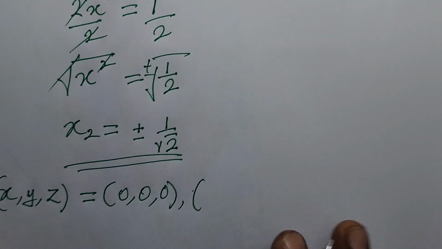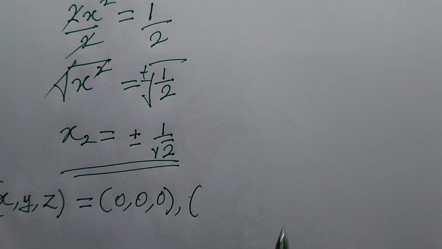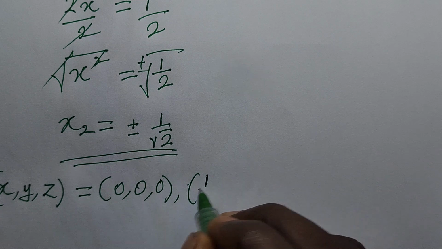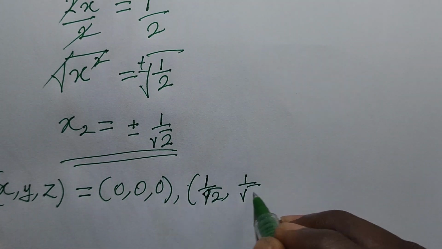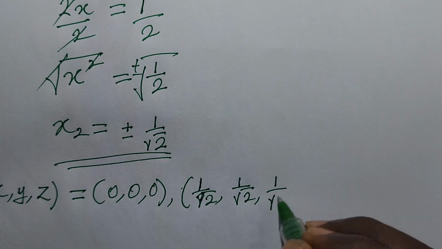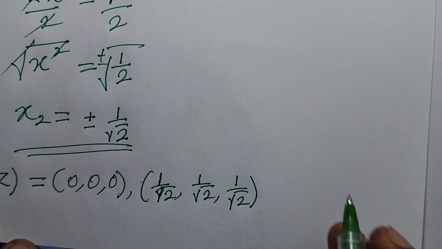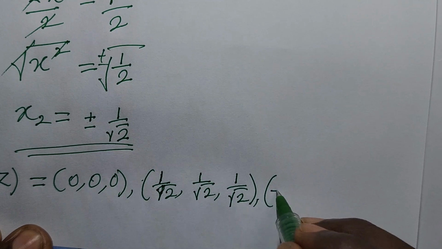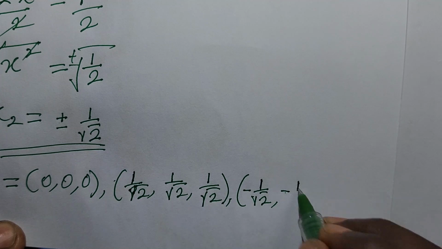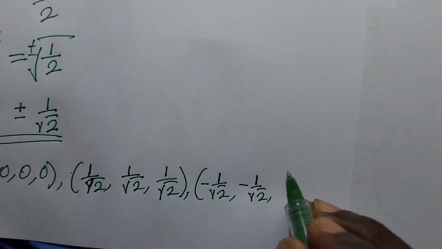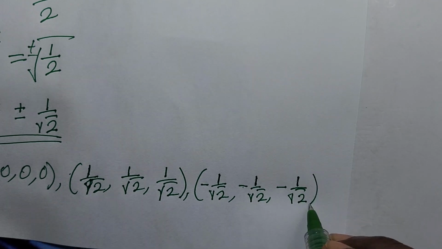The next one to it, we have positive x. So this is going to give us 1 all over the square root of 2 comma 1 all over the square root of 2 comma 1 all over the square root of 2. Then we have the negative of this also. So this is going to give us minus 1 all over the square root of 2 comma minus 1 all over the square root of 2 comma minus 1 all over the square root of 2, close bracket.